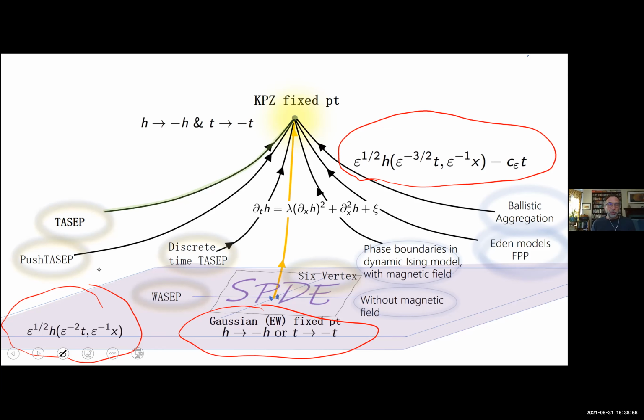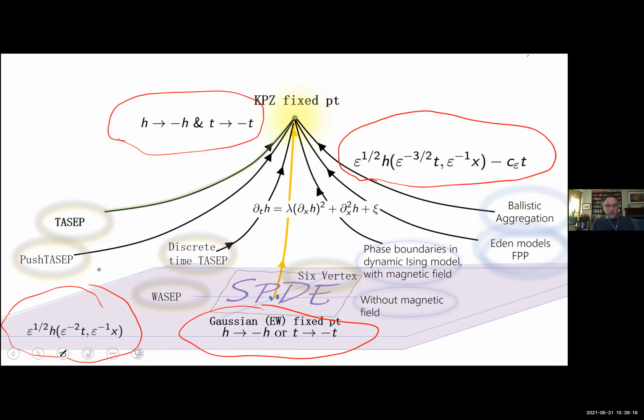The KPZ fixed point is different. You have to flip time with the height function. You have to do both at the same time to preserve the invariance. It's skew time reversal invariant. So you have to do both at the same time to not be able to see the difference.